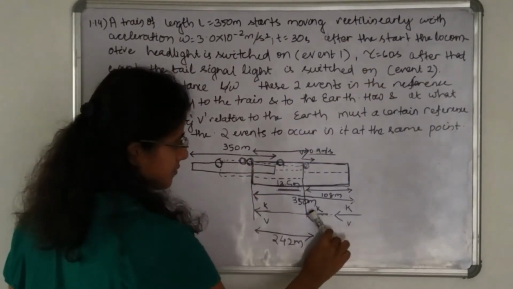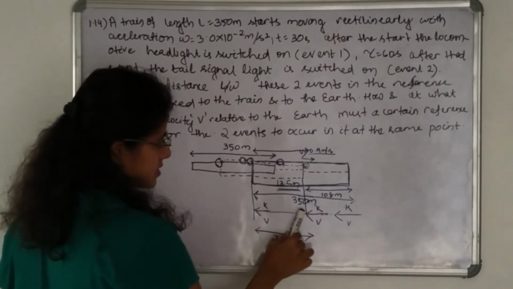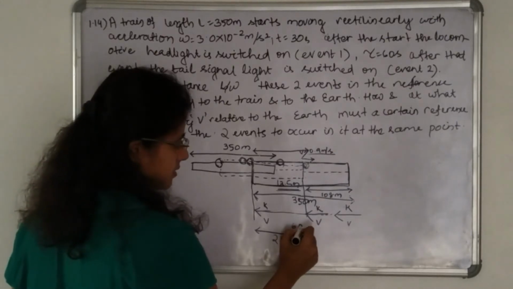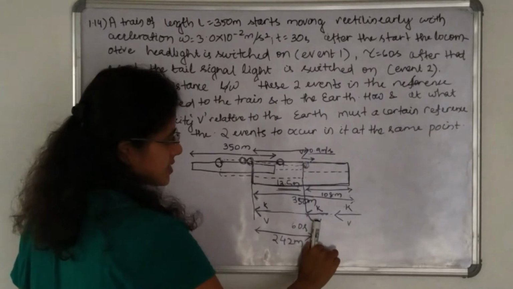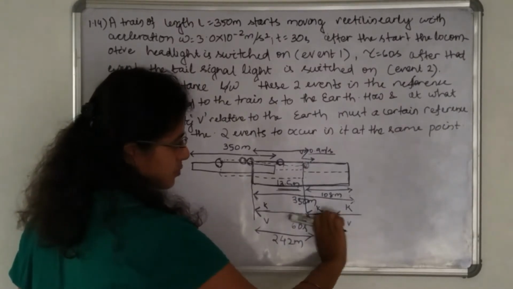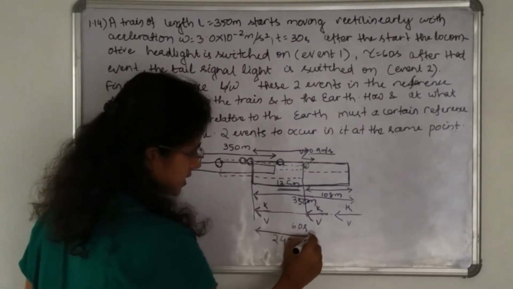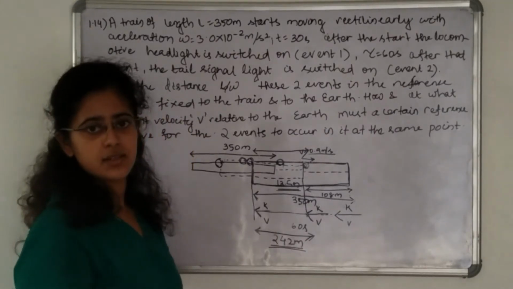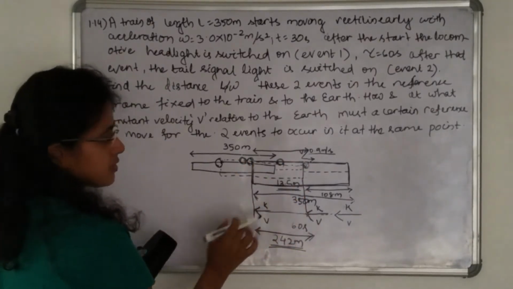This reference frame K has to cover this length, that is 242 meter, in 60 seconds, so that the two events will occur at the same point.